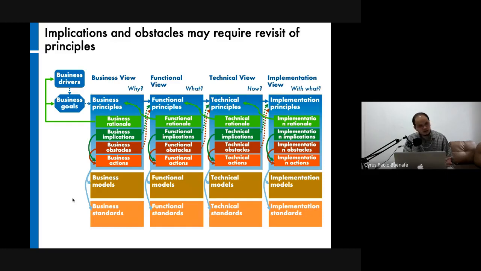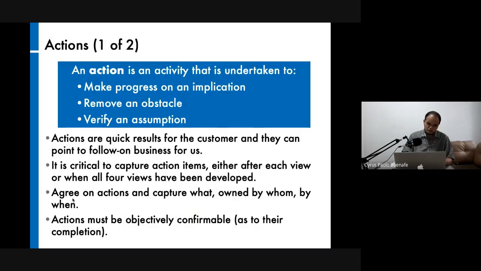So you can see the connection here. And definitely the implications and obstacles lead to actions that need to be done. And your principles, all of them, will actually define your choice of models and standards that you intend to use.